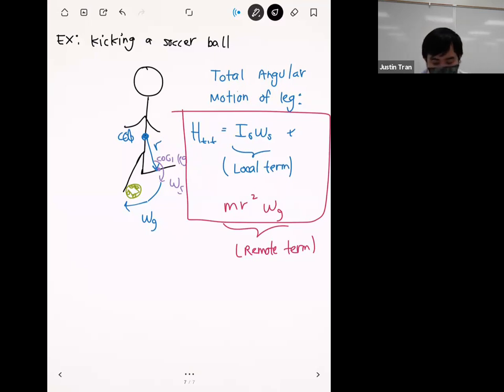And so the local term, this may very well be like an m r squared. But because the leg is a distributed mass, distributed around the center of mass right here, normally we have another equation that we can compute with. Can we consider it a rod? Yes, exactly. One approximation is that you consider it as a rod.